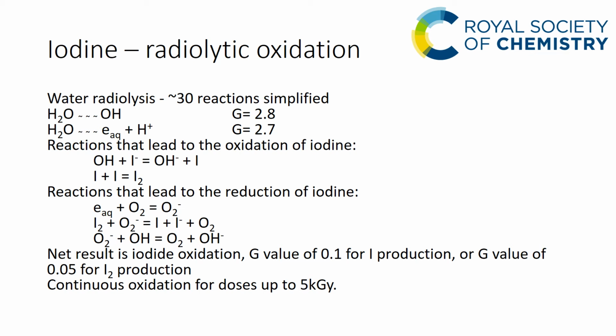So the net result is the oxidation of iodide, I should say, with a G value of 0.1, that's 2.8 minus 2.7 for iodine atom production, or we could say it's a G value of 0.05 for I2 production. And this is continuous, for a low dose process, continuous for doses up to 5 kilogray.